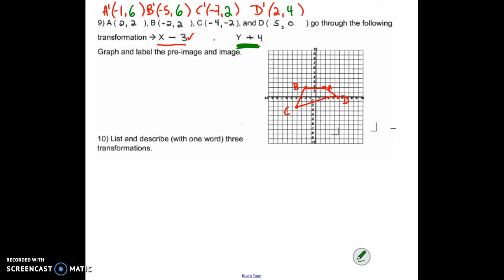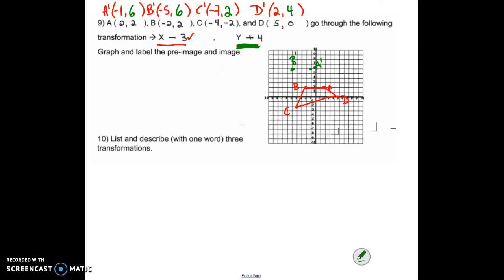Now it's really easy to plot this. A prime, negative 1, up 6. So here's A prime. B prime, negative 5, 6. 1, 2, 3, 4, 5. B prime, right?